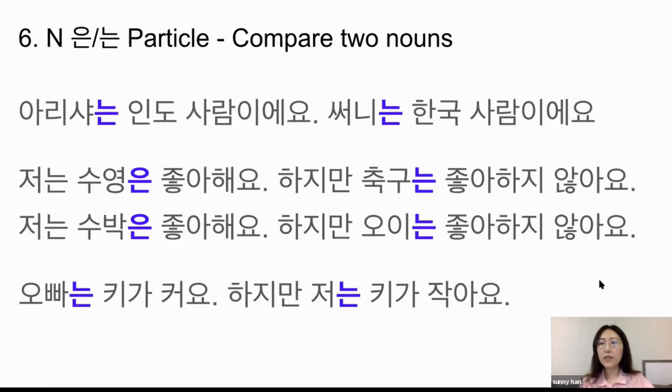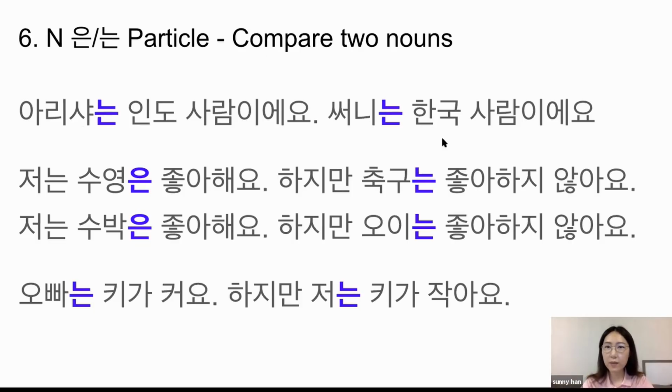There is one more thing that's a little bit difficult. When we use 은는, it's for comparing two nouns. So, Arisha is someone's name. India, 인도, 사람, person.